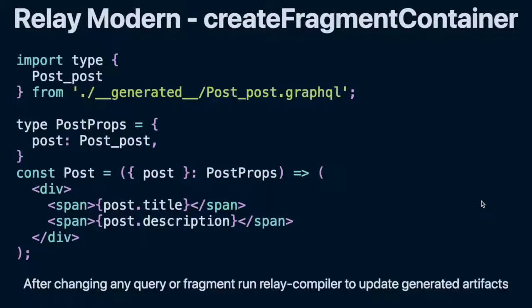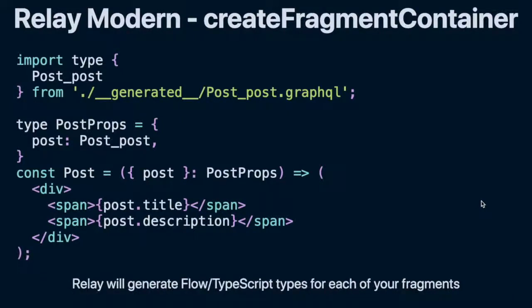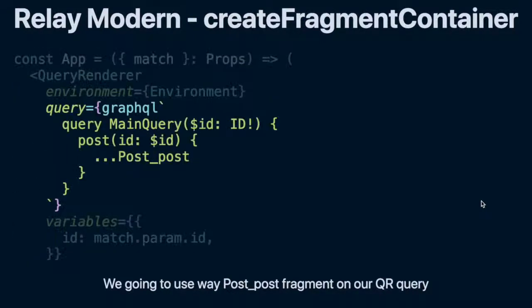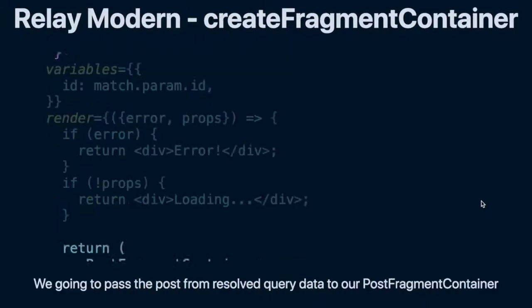After you change each fragment, you need to rerun your Relay compiler to generate all the artifacts, all the types, all the GraphQL code. Relay is going to generate all the TypeScript and Flow types, so you can make sure all your code is type checked well. We are going to use our post fragment in our query, so Relay knows which kind of post we are fetching from our server.